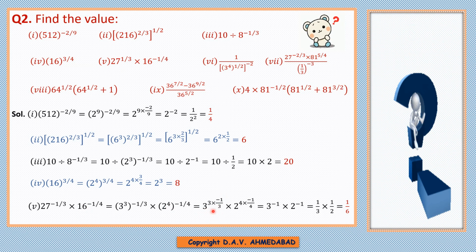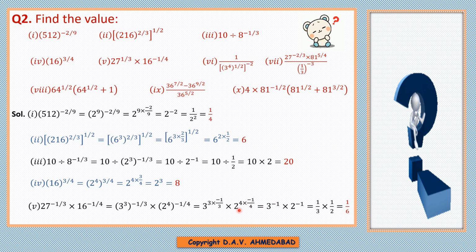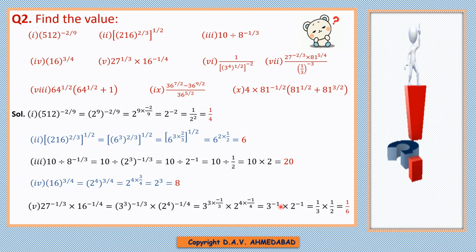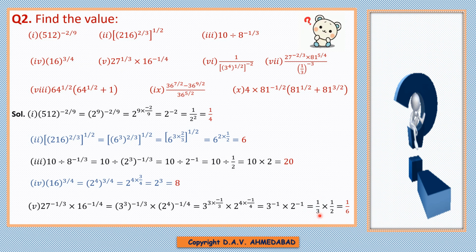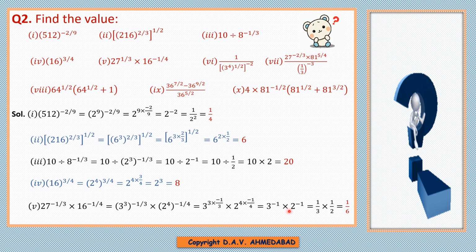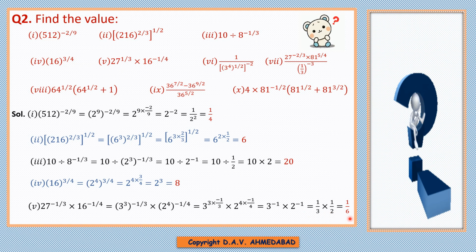So here we will be having 3 raised to the power minus 1, and here 4 cancel, and we will be having 2 raised to the power minus 1. So 3 raised to the power minus 1 can be written as 1 by 3 because power is negative. We will do the reciprocal to make it positive, into 1 by 2, which is equal to 1 by 6. So our final answer is 1 by 6.